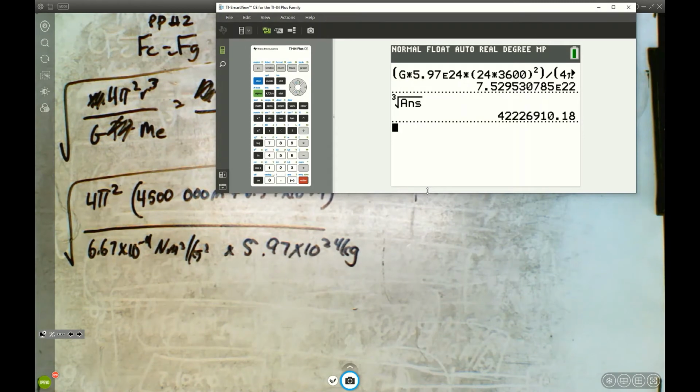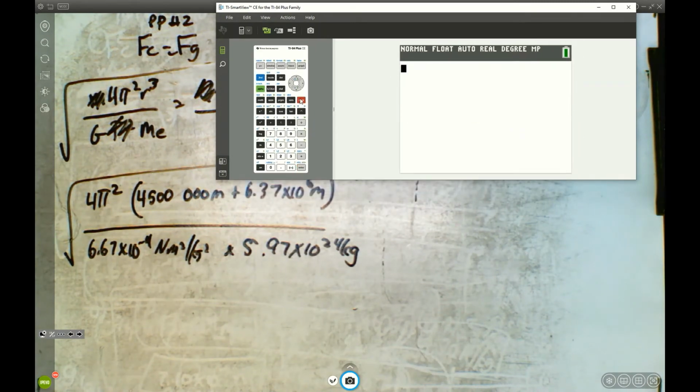It's not enough room. There we go. Ready to go. So start my bracket. I'll go 4 pi squared. And then I'll multiply it, open another bracket, 4,500 plus 3 zeros. Add it to 6.37 times 10 to the 6. And then to cube it, I can push math 3.